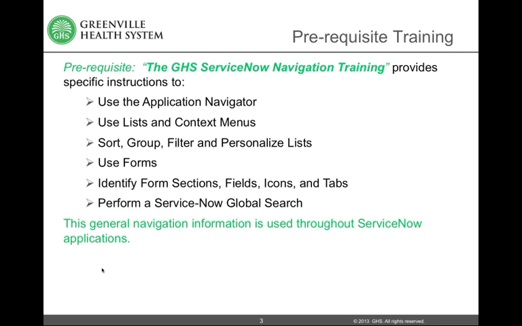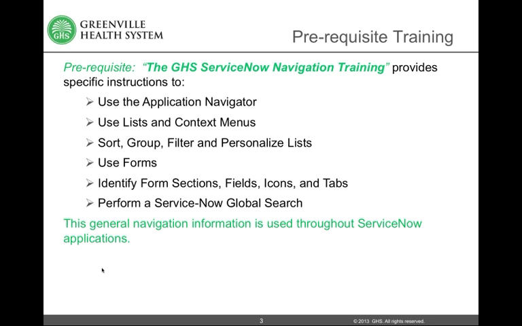One of the things you should have done by this point is you should have taken the GHS ServiceNow navigation training. That is another session that was delivered to teach people the general basics of using the ServiceNow platform. In that session, you'll learn about using the application navigator, working with lists and columns and context menus, sorting, grouping, filtering, personalizing lists, and using forms and so on.